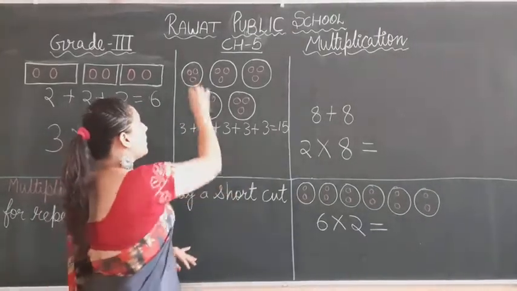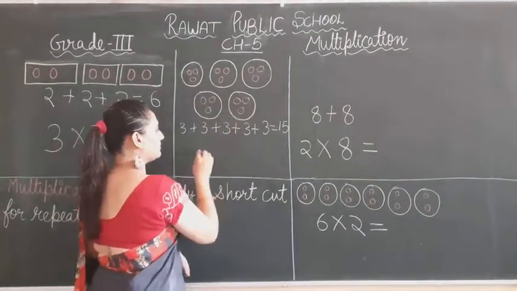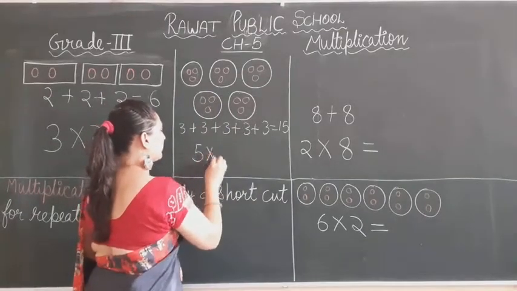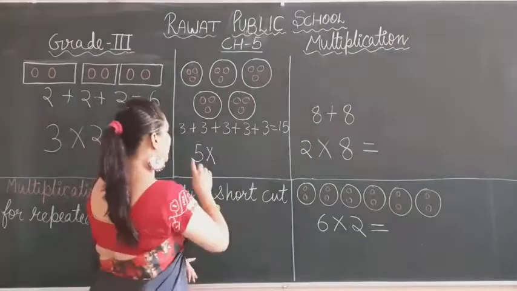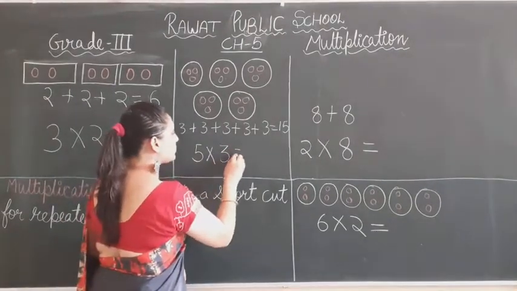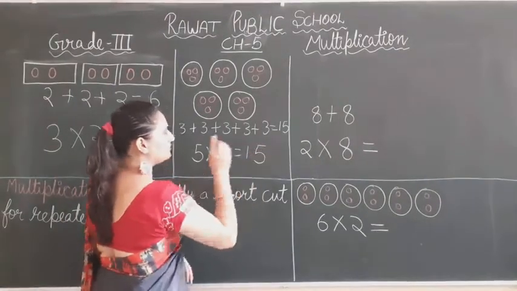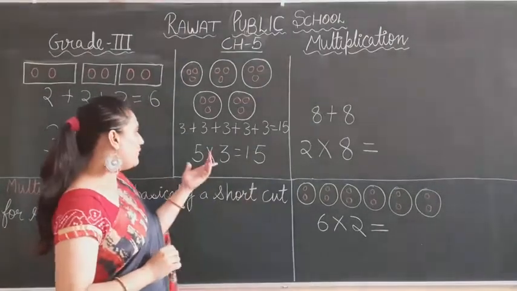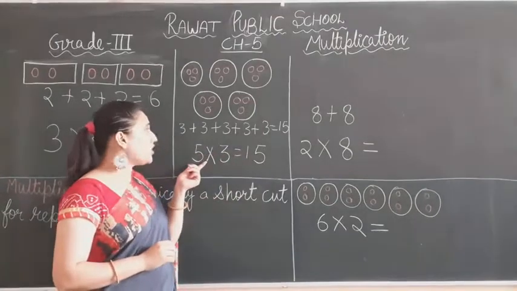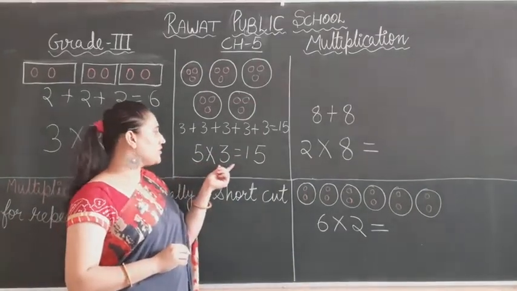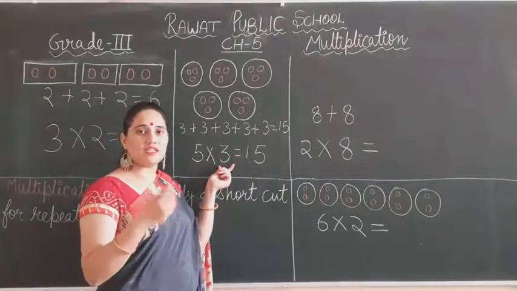I said 5 times, how many in each? 3 in each. So 5 times 3 is equal to 15. As you can see here, 5 times 3 is equal to 15. Here we talk about the groups, and here we talk about the objects in that group.